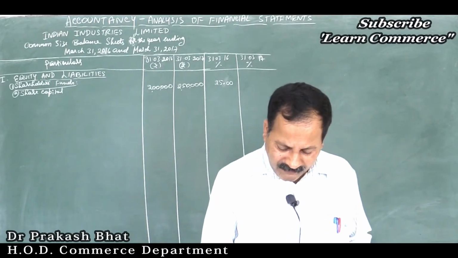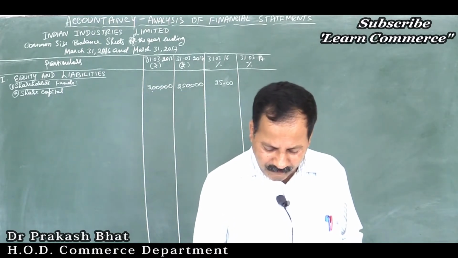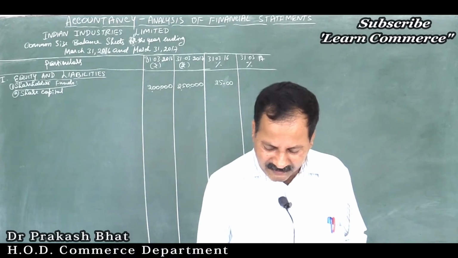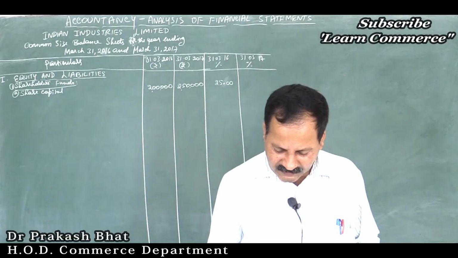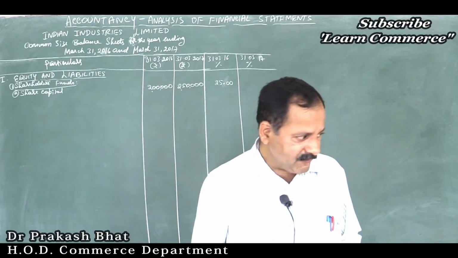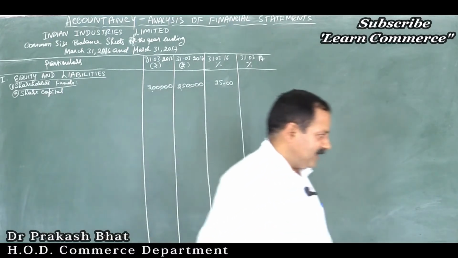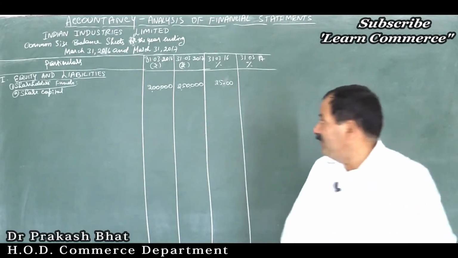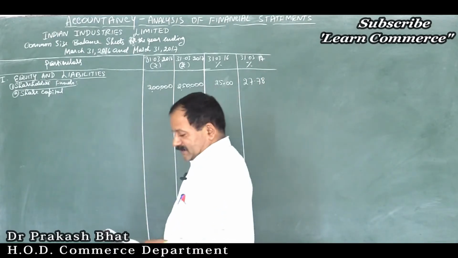Calculate 2,50,000 into 100 divided by 9 lakh, which is equal to 27.78.